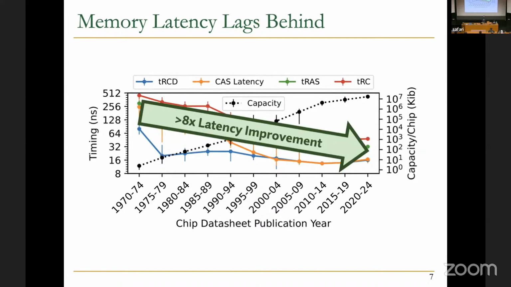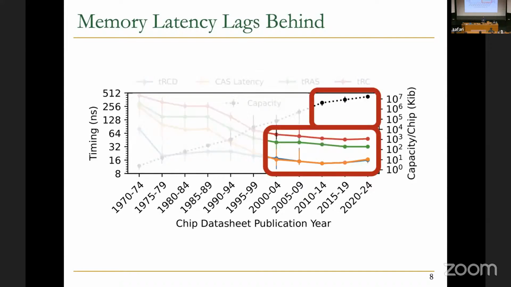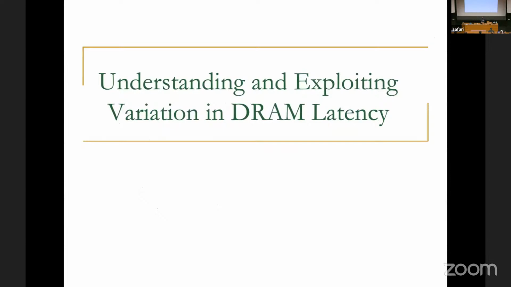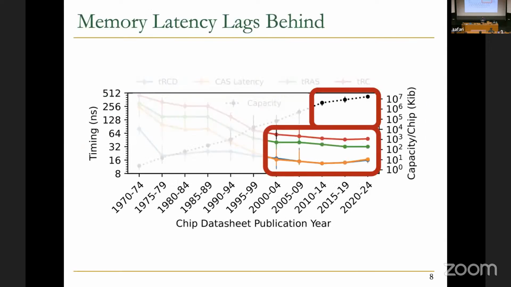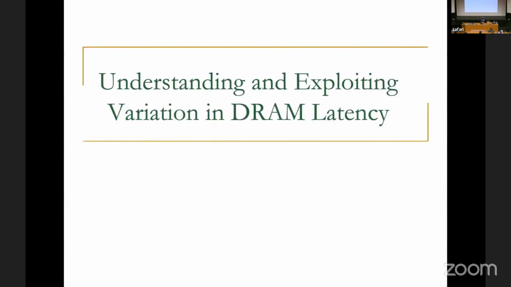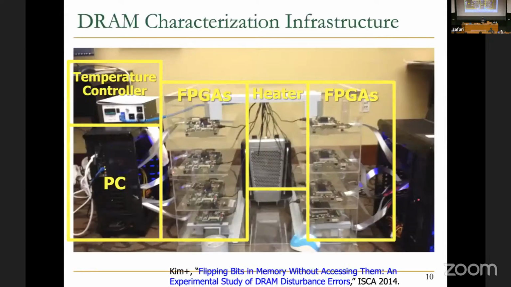When you look at that, it's less than an order of magnitude reduction, actually. And in recent years, you can see there's not much scaling going on, especially for latency. We know that latency is important for our systems, so we want to understand and exploit the variations in DRAM latency.